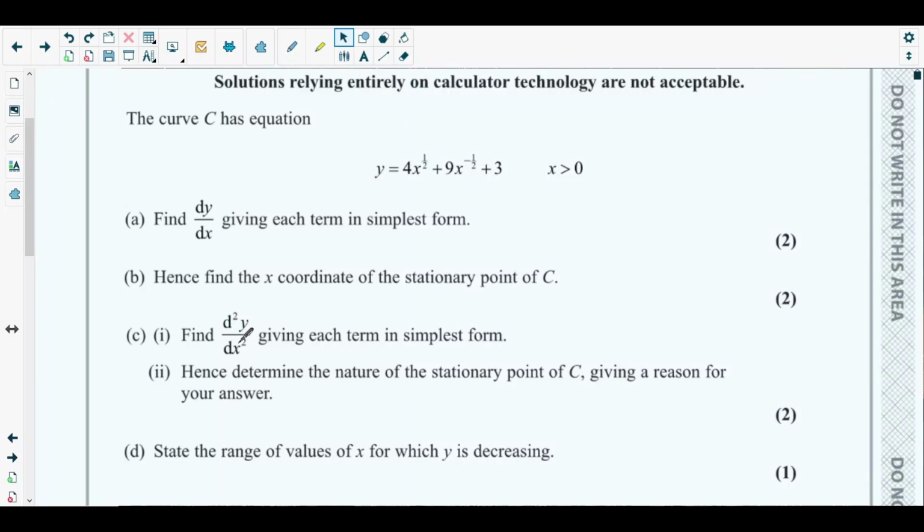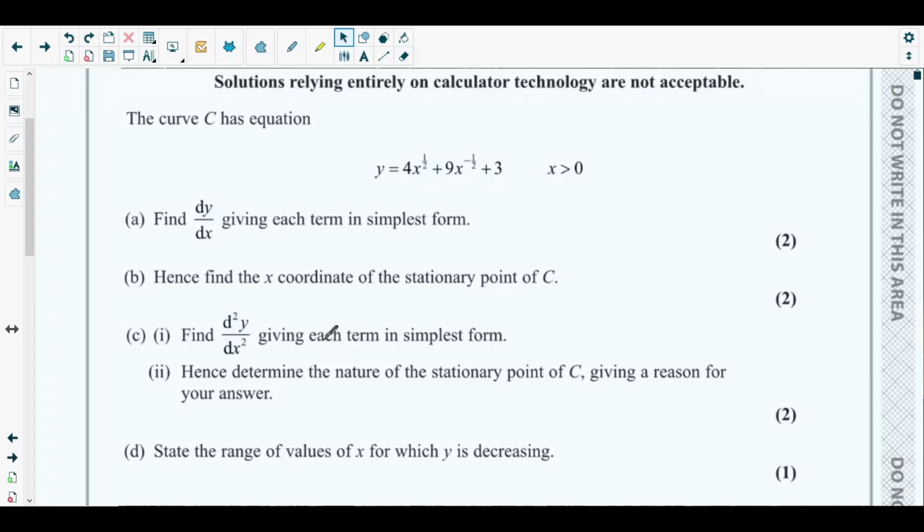Basically the concepts behind this question are from the differentiation part of your P2 syllabus, which has been discussed in chapter number 7 of your P2 textbook.